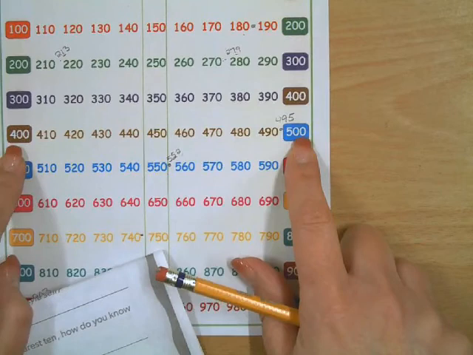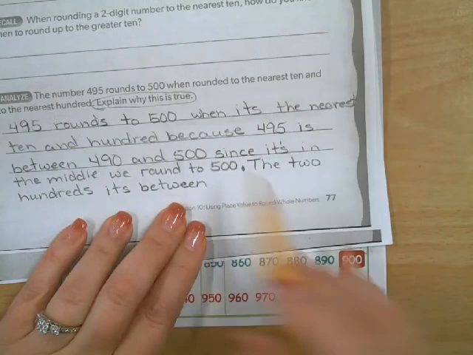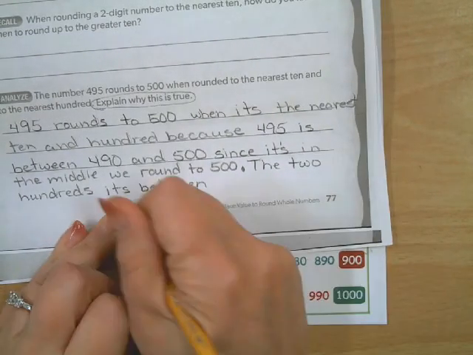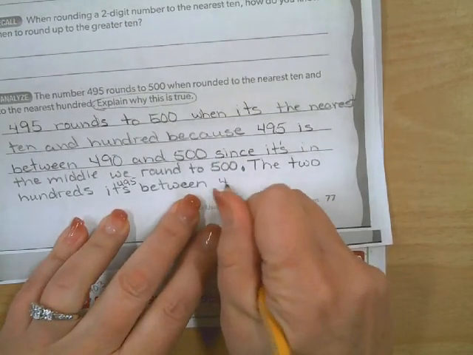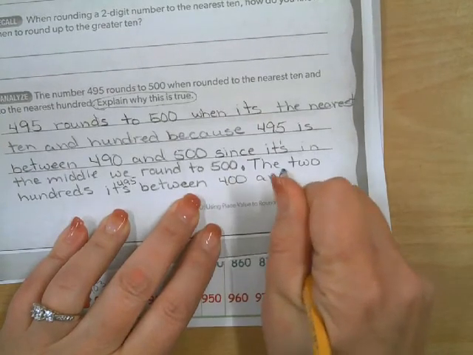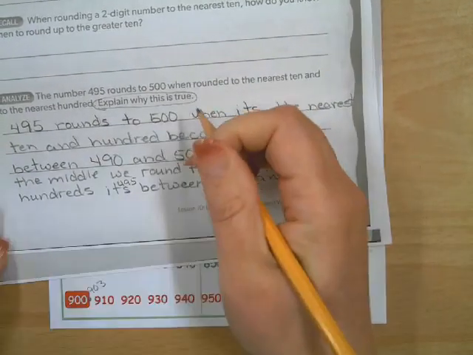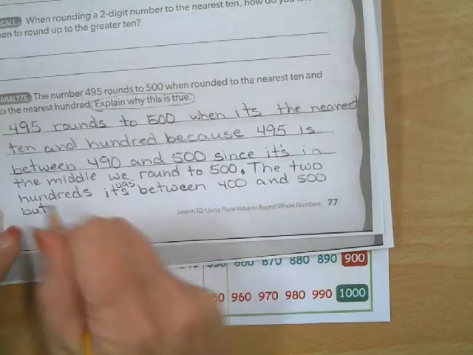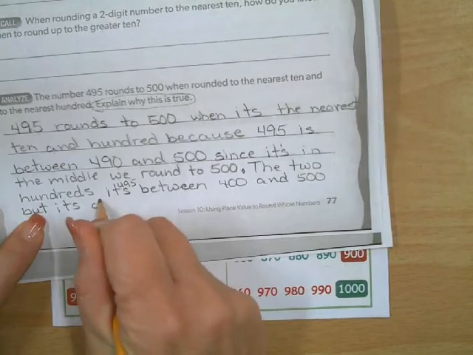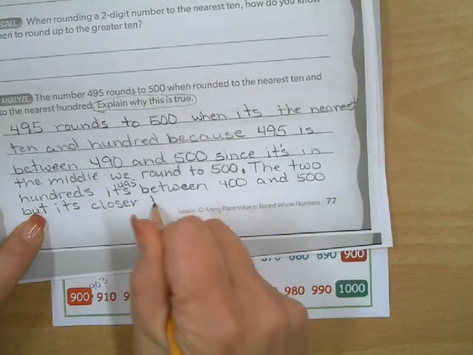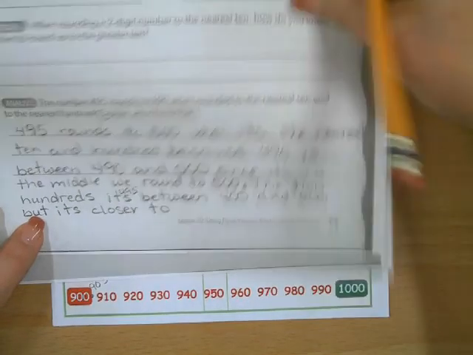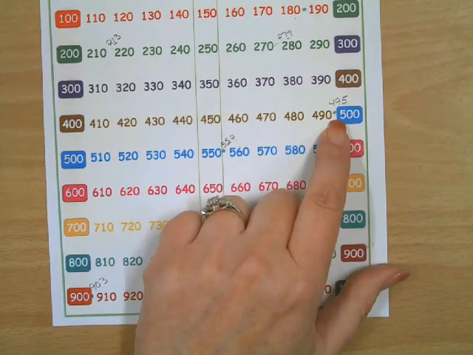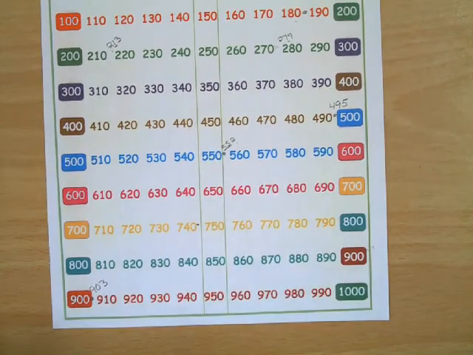These are our hundreds, 400 and 500 right here. So it's between 400 and 500, but what's it closer to? Which hundred is it closer to? It's closer to 500, right?